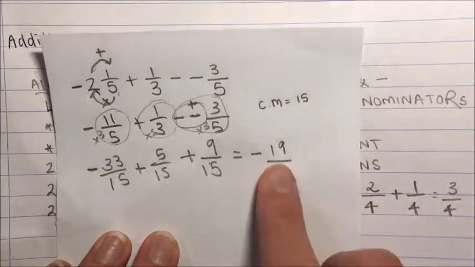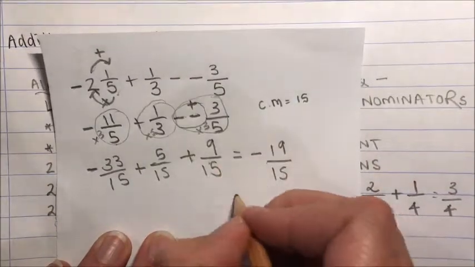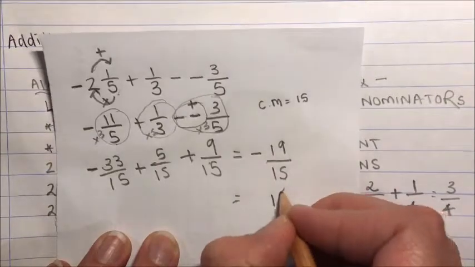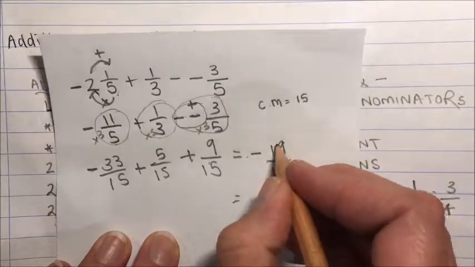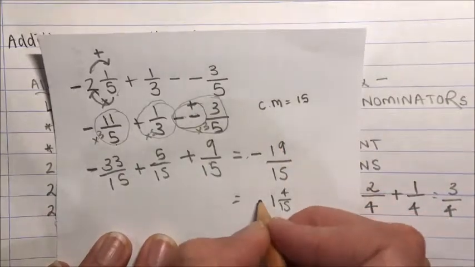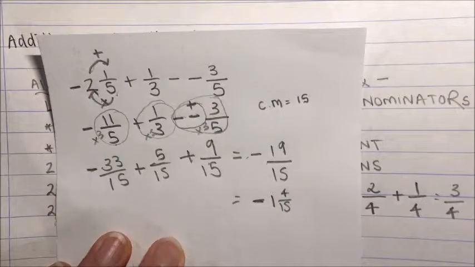And like I said, 19 divided by 15, 15 goes into 19 1 time, remainder 4 15ths, but negative 19 divided by 15, the signs are different, so the answer is negative. Terrific.